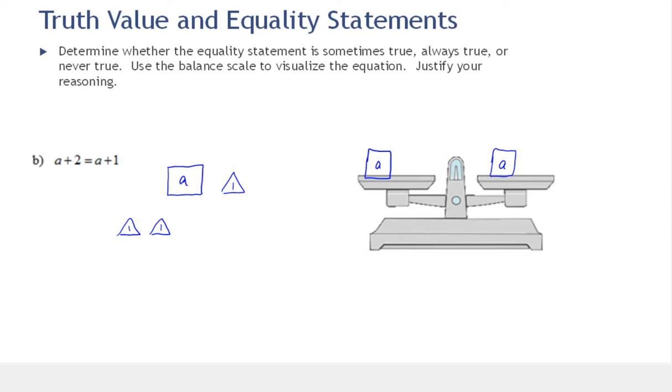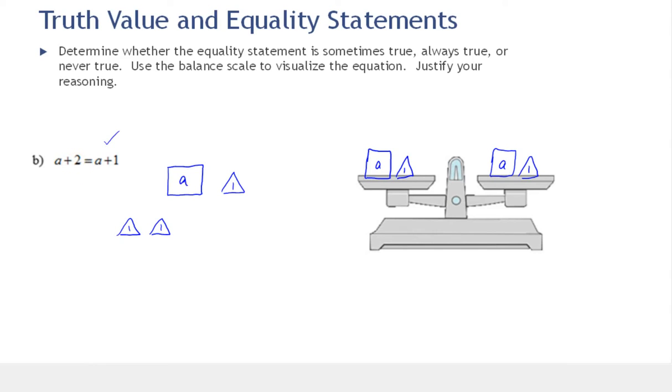Now, the right-hand side has 1, the left-hand side has 2. We know 2 is 2 1s, so I'm going to add a 1 to both sides. You can see right now that the scale is balanced. They both have A plus 1 on both sides. But the left-hand side has an additional 1.